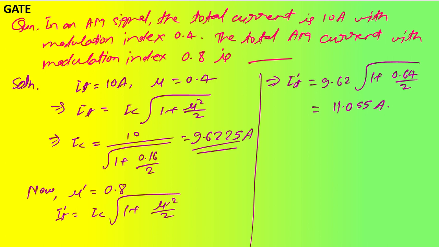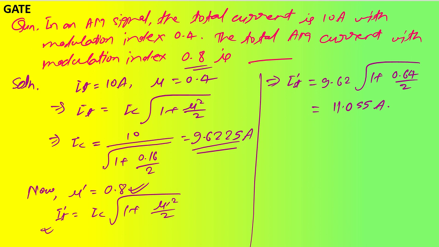Okay, now what is the next mu that was available? 0.8, so let's say mu dash is 0.8. Similarly, what would be IT dash? IT dash is the new amplitude modulated current, so that will be IC into the square root of 1 plus mu dash square by 2.